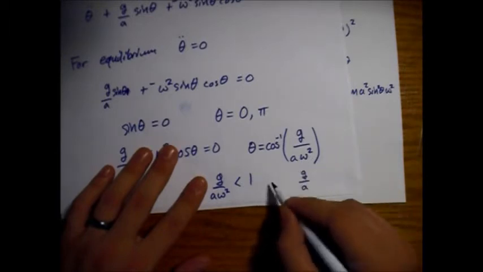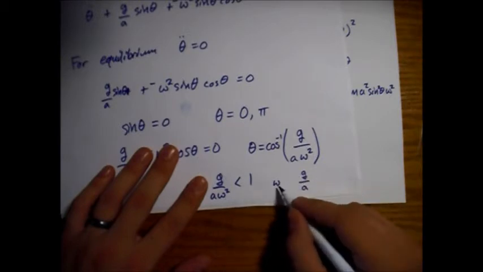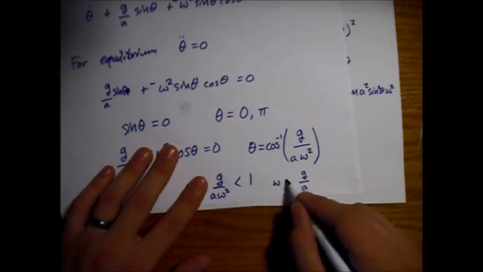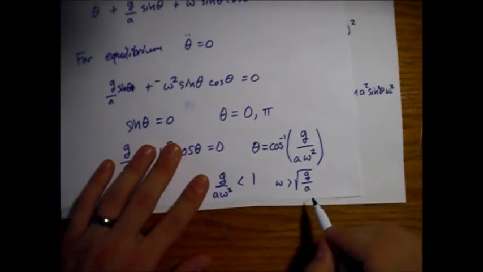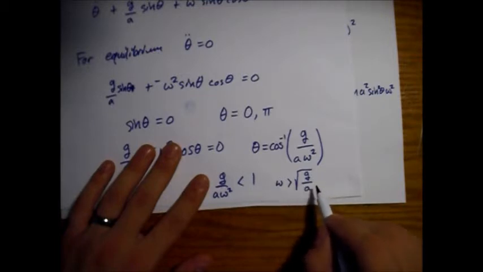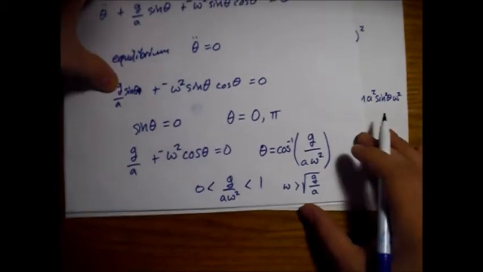All right, so I think omega has to be larger than the square root of g over a. Double check that just to make sure. So yeah, I think this is correct. Maybe another mistake here, but let's see.